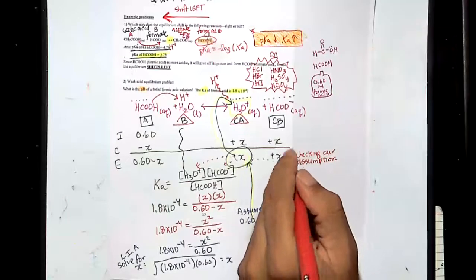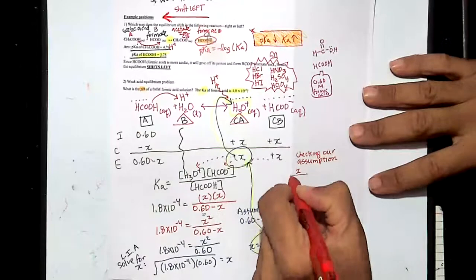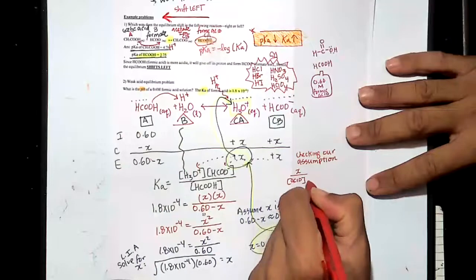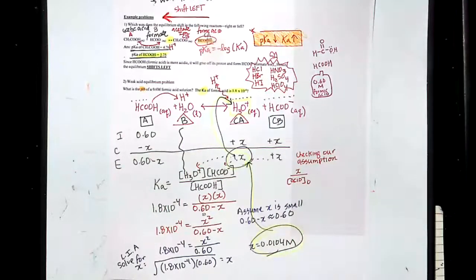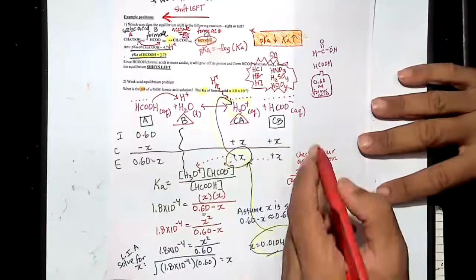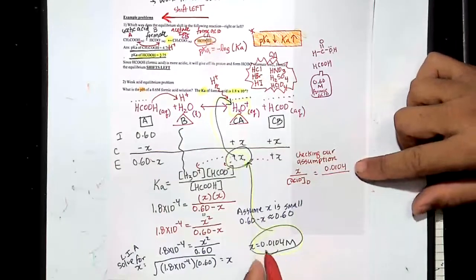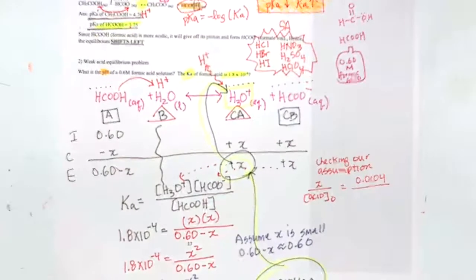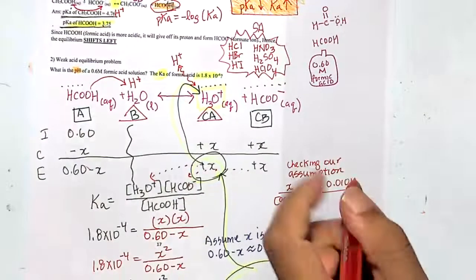So we'll take our x and divide it by the initial acid concentration. x, we just found, is 0.0104. And what's the initial acid concentration? That's the concentration in the bottle, which is 0.6 M.